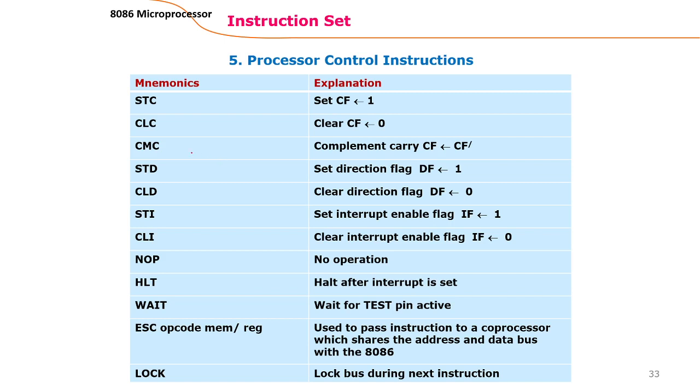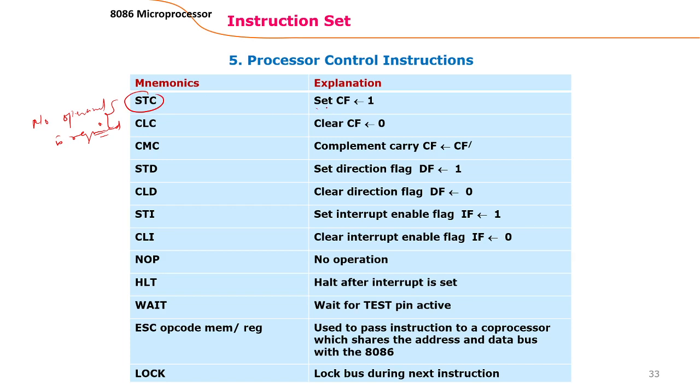This is processor control instructions. Processor control instructions do not require any operand. If no operand is required, that means whatever instruction is written is complete in itself, like STC, which means set carry flag.